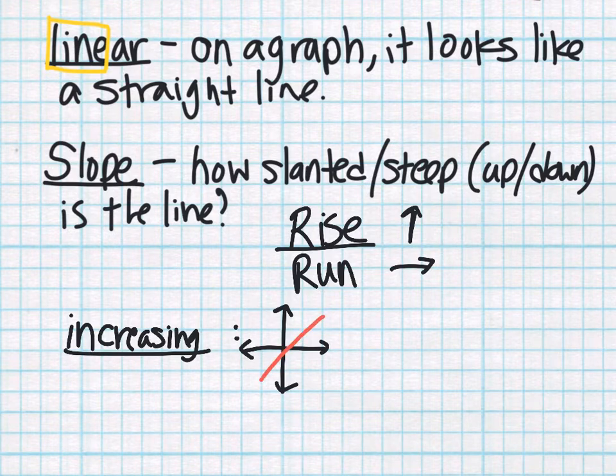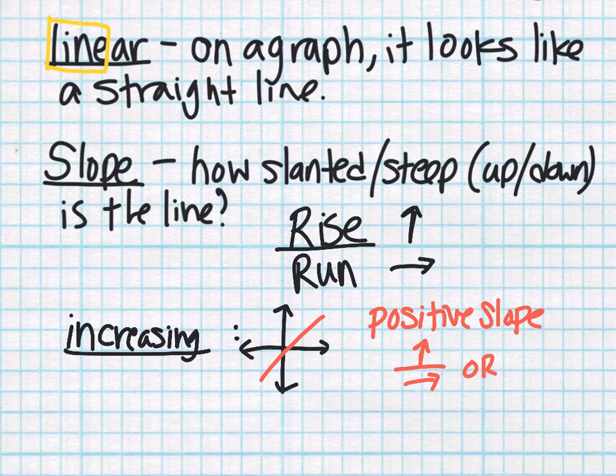You could also think of this as a positive slope. You're going to do just your regular rise over run, going up and right. Or if you wanted to go backwards, you could go down and left.